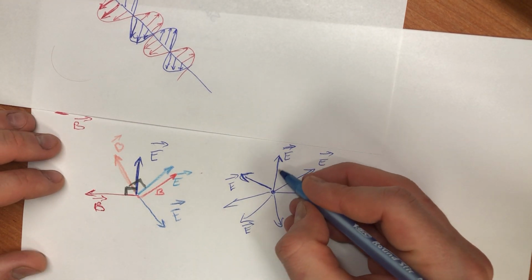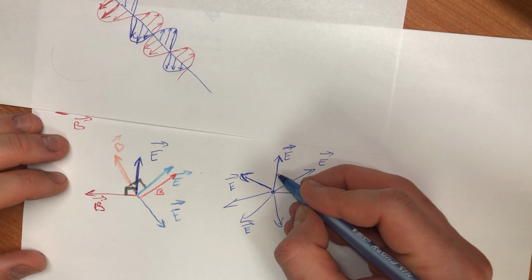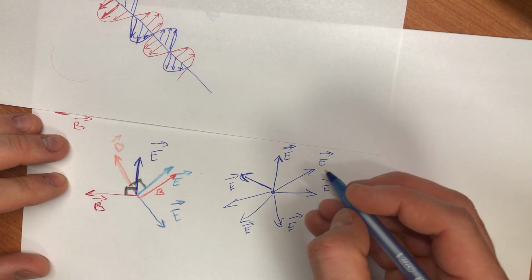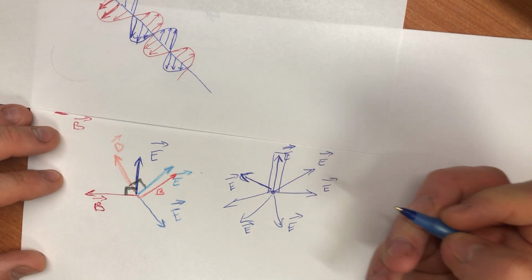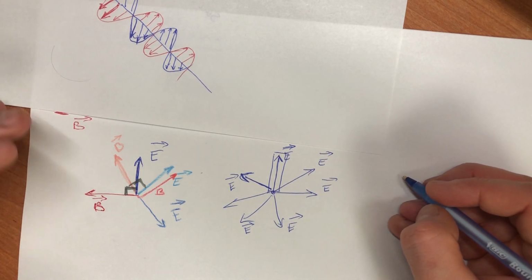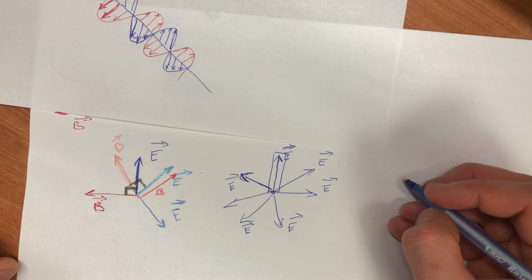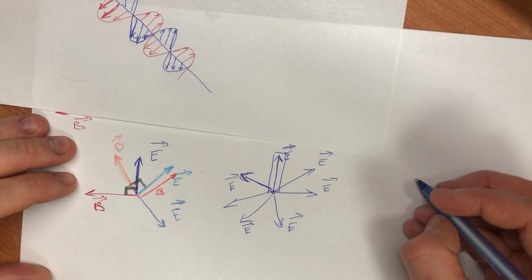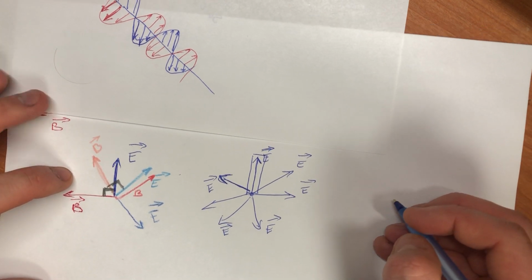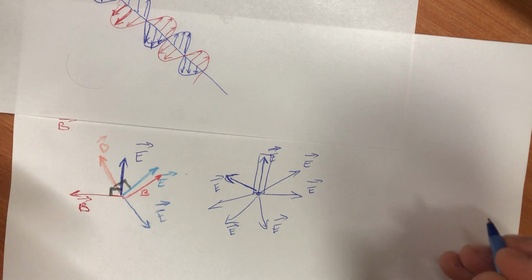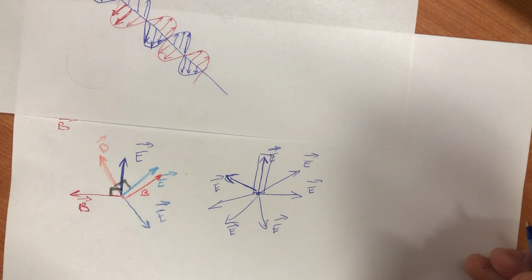But if we allow to pass only one orientation, let's say this one, then this would be a polarized wave, that contains only an electric field oriented at some particular direction.